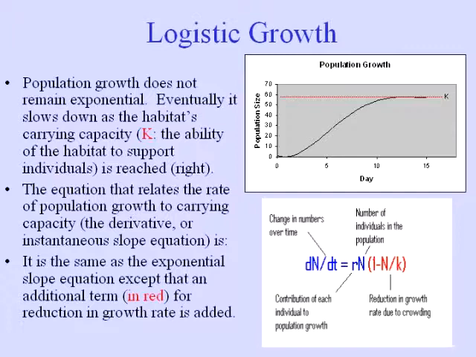If we look at the graph on the upper right, we see the red line there. That is the population's carrying capacity. And notice that although that graph starts out pretty much like the exponential graph in our previous images that we were looking at, as it approaches K, the rate of growth, the slope of the line, goes down.